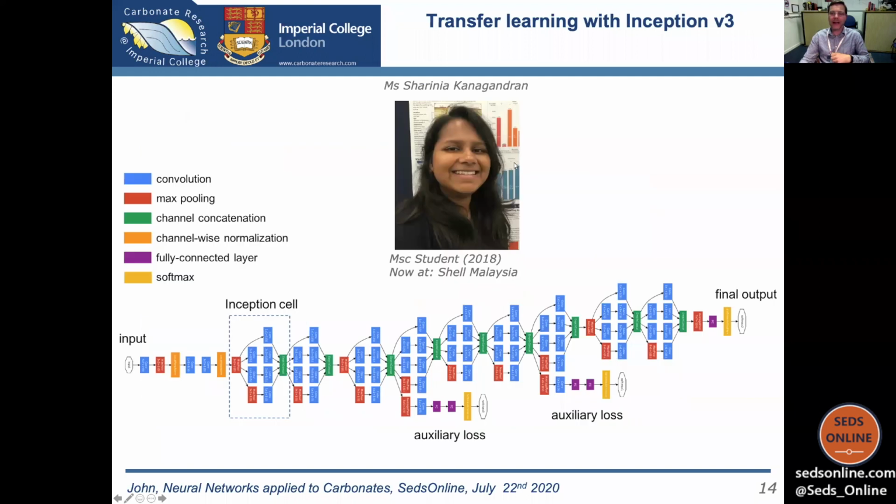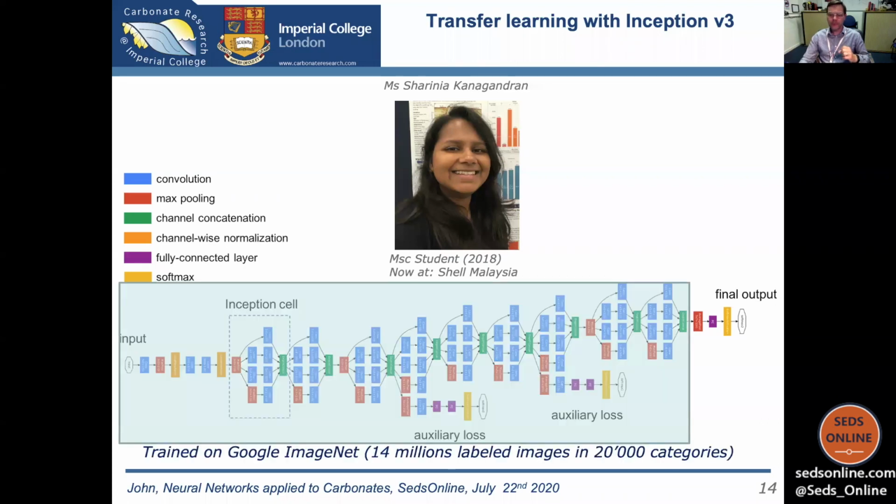And we tested that. Sharinya was my master's student in 2018, and her project was essentially a pilot study to test this idea of transfer learning on Inception, which was trained on those cats and whatnot, to a geological problem. So what she did is she took Inception, and Inception is trained on 14 million labeled images in about 20,000 categories.